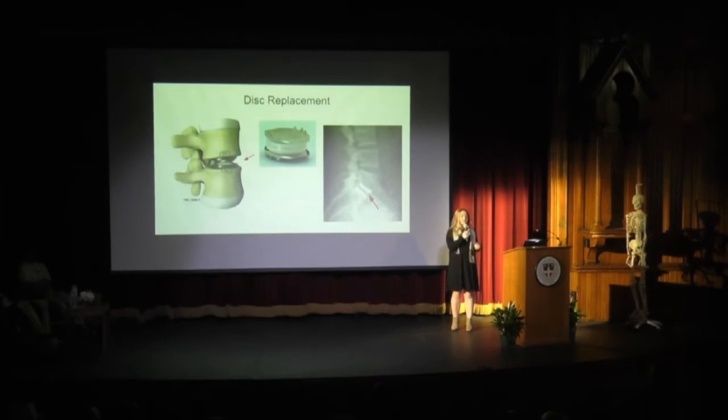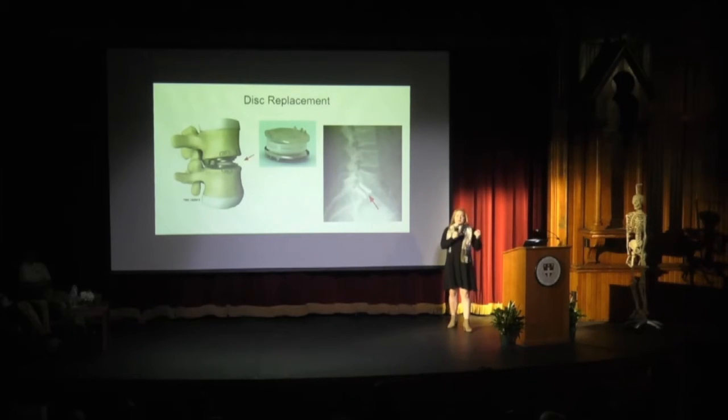Here you can see it on x-ray as well. You can see the 2 metal end plates attached to the vertebrae above and below the affected area. Unlike spinal fusion, this disc replacement preserves some functional mobility, and it also provides some stability as well. But it does not allow for the cushioning necessary for a vertebral disc.